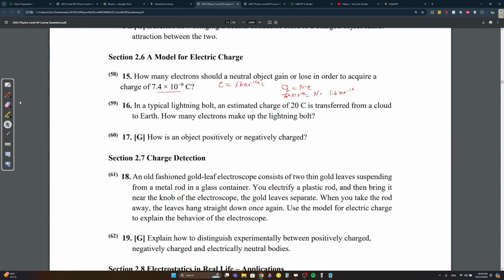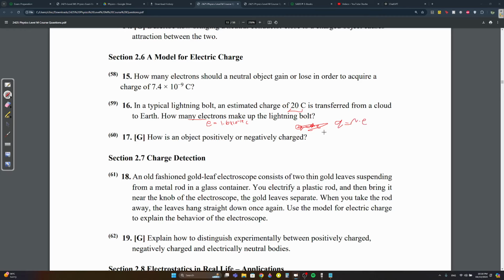Okay, in a typical lightning bolt, you have a charge of 20 coulomb transferred from a cloud to Earth. How many electrons make up the lightning bolt? Again, they should tell you e, the elementary charge, is 1.6 times 10 to the power of negative 19 coulomb. How many electrons? Same exact formula. Q is equal to N times e.